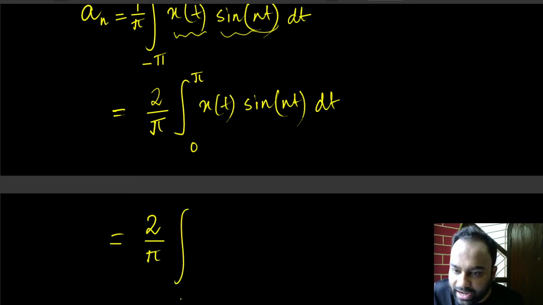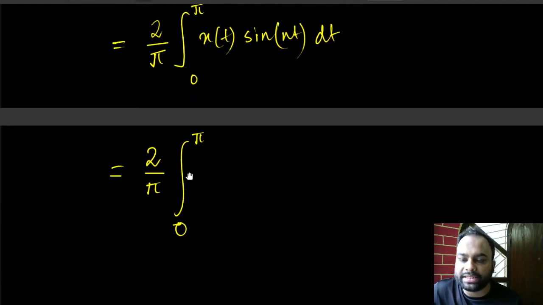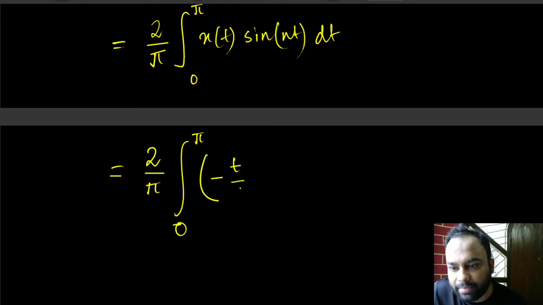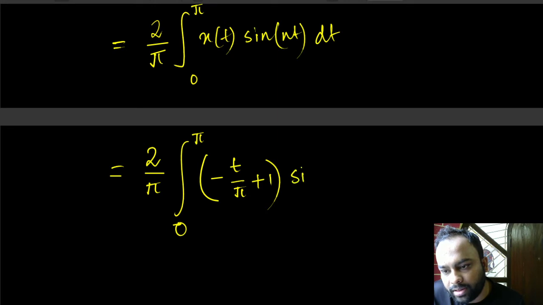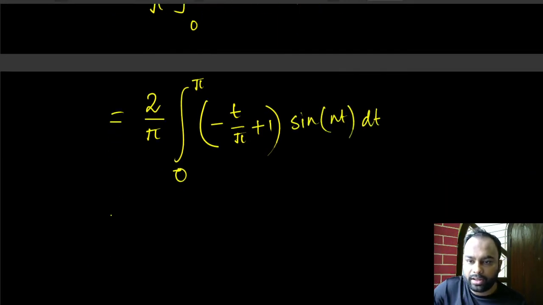So, with that said, I would have from 0 to pi, and then what about xt? Within that limit xt is given by minus t by pi plus 1, and then we have sine nt dt, right? So we are basically doing 2 integrations.